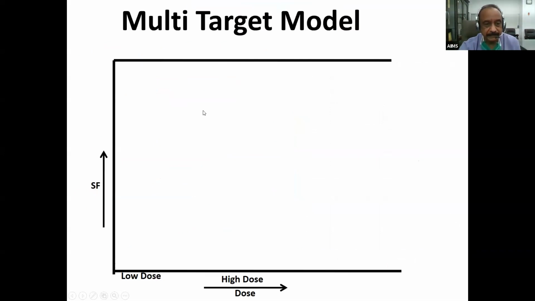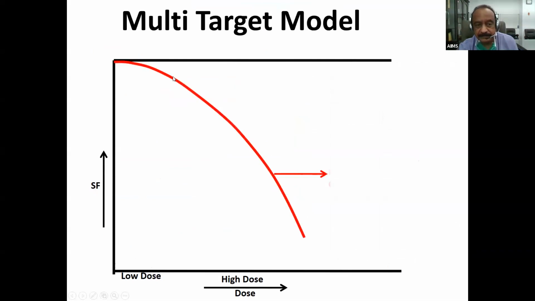Now, in this slide I will discuss the reduction in survival fraction by the two processes of cell kill separately. So you see, this is the low dose region, this is the high dose region. Now this cell survival curve reflects the cell kill by multiple hit event.